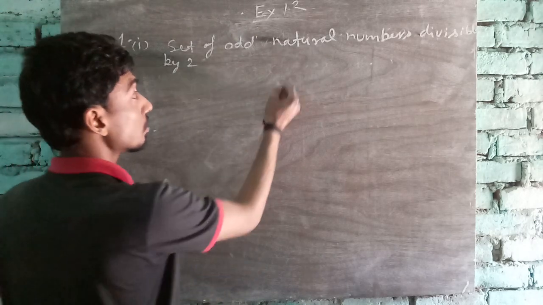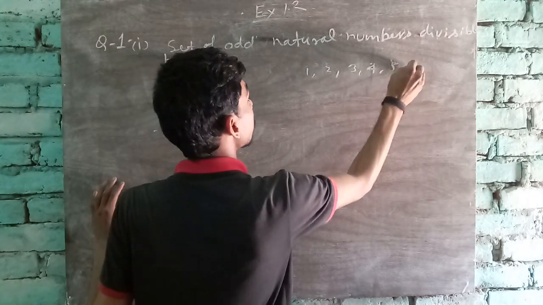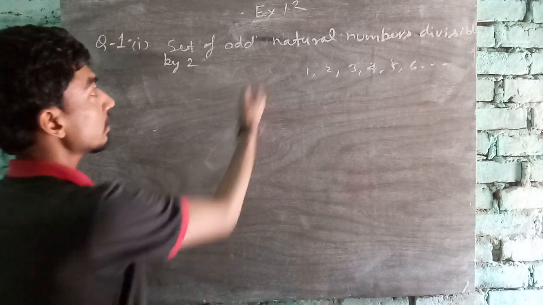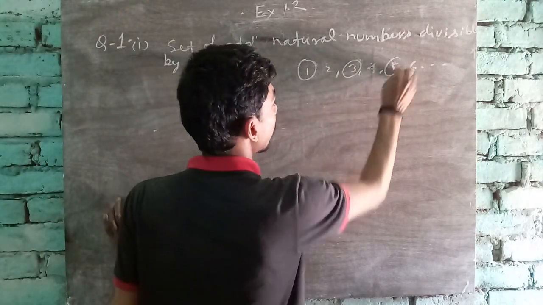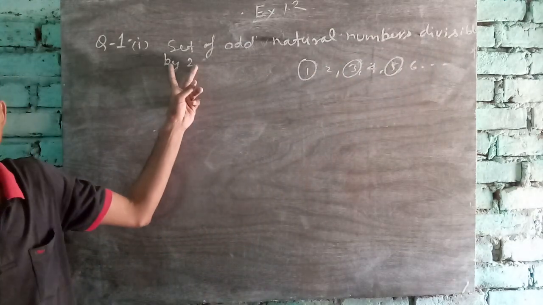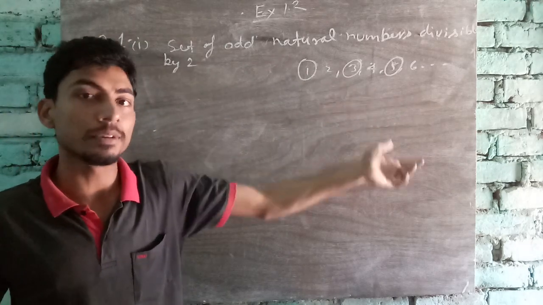You know that natural numbers are 1, 2, 3, 4, 5, 6, but we have to take odd natural numbers, so odd means 1, 3, 5, and which is divisible by 2. Here there is no odd number which is divisible by 2.